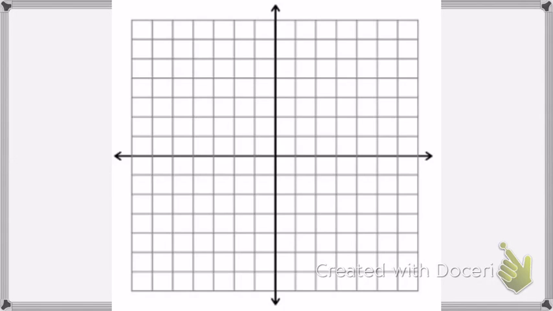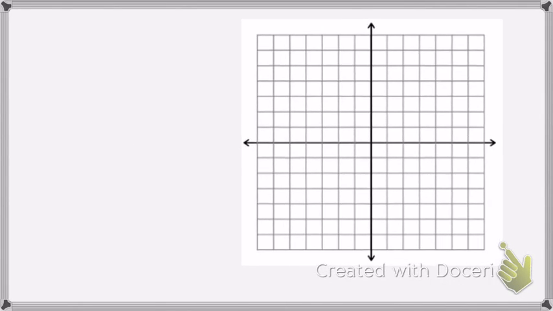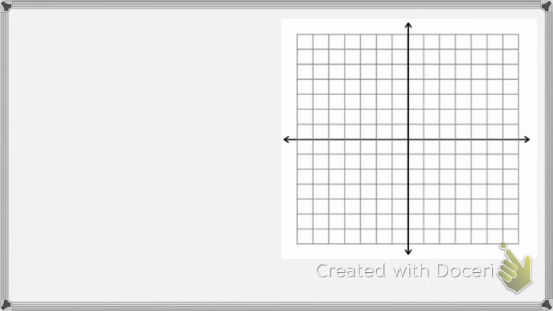The second thing that we learned to do is we worked on graphing quadratic functions. So let's walk through one of these problems quickly. So I'll make a simple quadratic function.